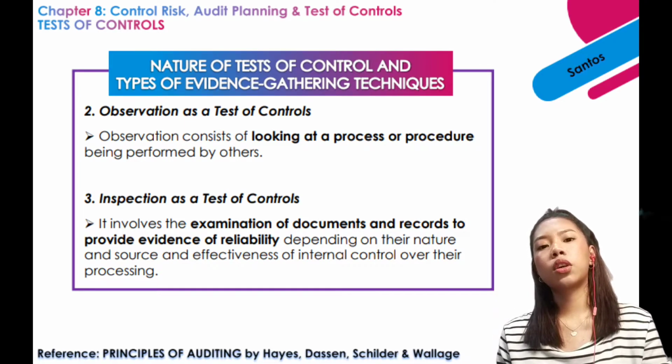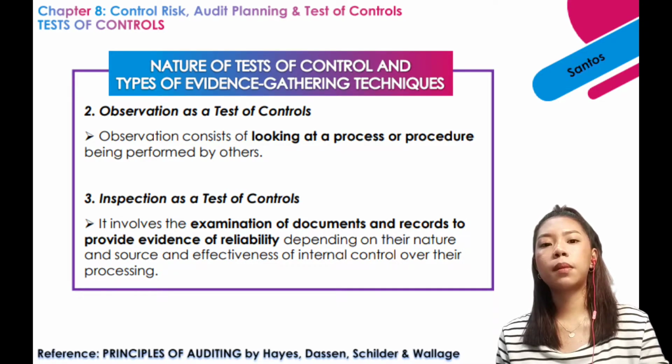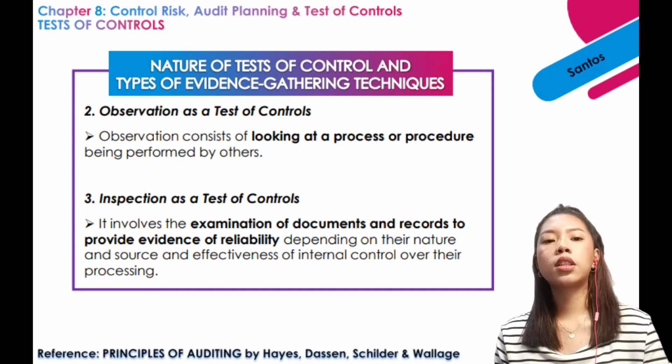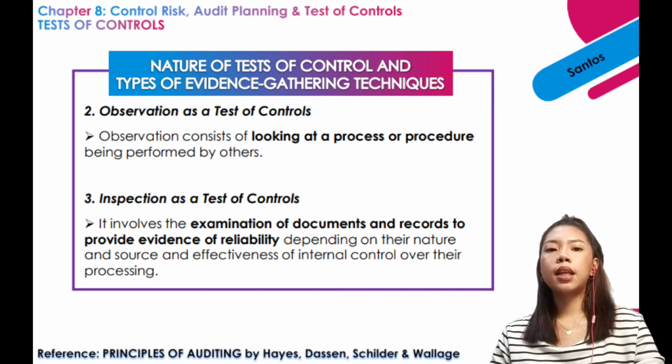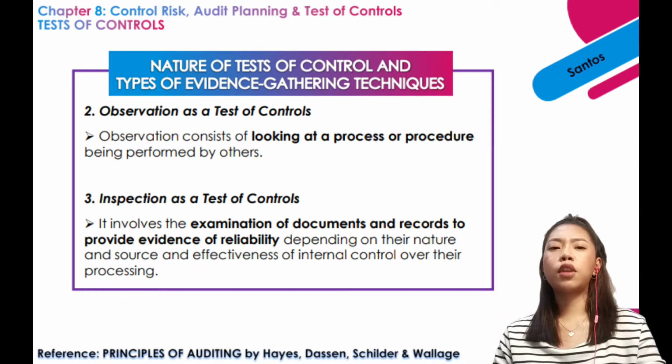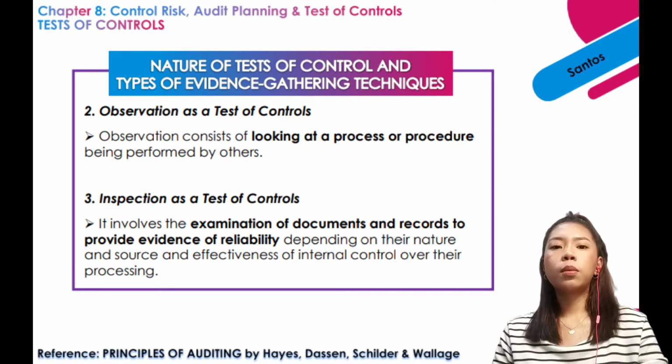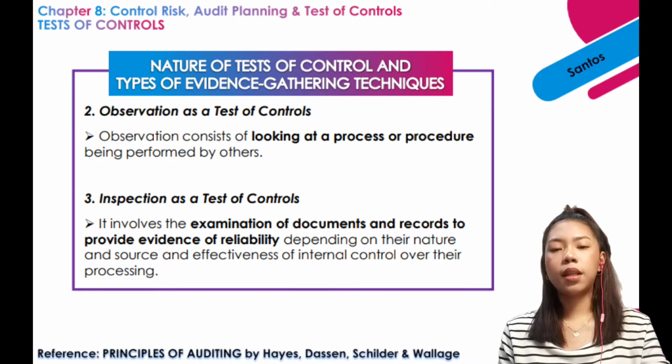So, number 3 is inspection. In inspection, the auditor needs a physical proof to verify if the control is applied and to ensure the organizations are doing what they say they're going to do by the examination of documents and records to provide evidence of reliability.